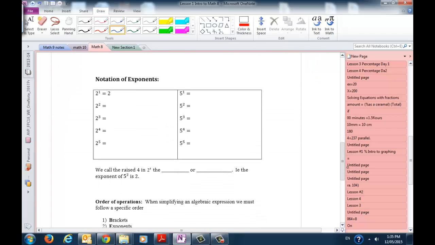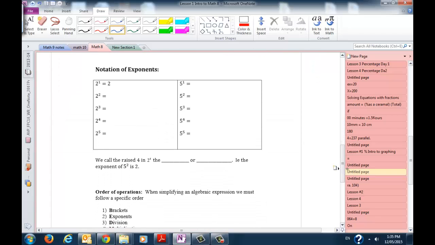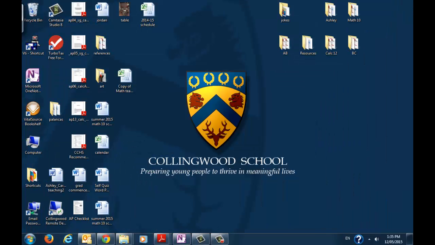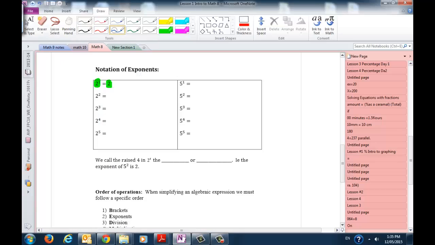Excellent. All right, we're going to look at a little bit of notation now. So for exponents, if I want to write 2 to the power of 1, all that I have here is a 2 being multiplied by itself once. If I'm looking at 2 to the power of 2, the exponent is telling me that I'm multiplying 2 by itself twice.